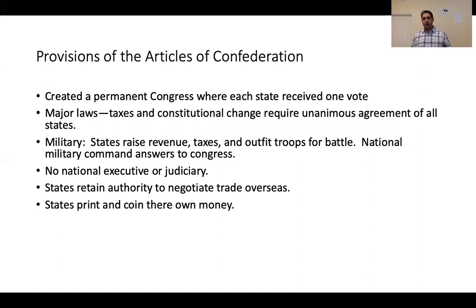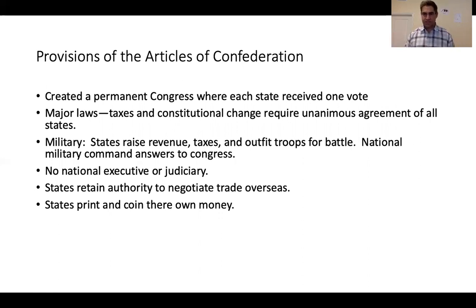They do create a government under the Articles of Confederation, which we can think of as the first Constitution of the United States of America. They create in these Articles of Confederation, and we will talk about this in some more detail in lectures to come, a permanent Congress where each state receives one vote. Now think about that for a second.